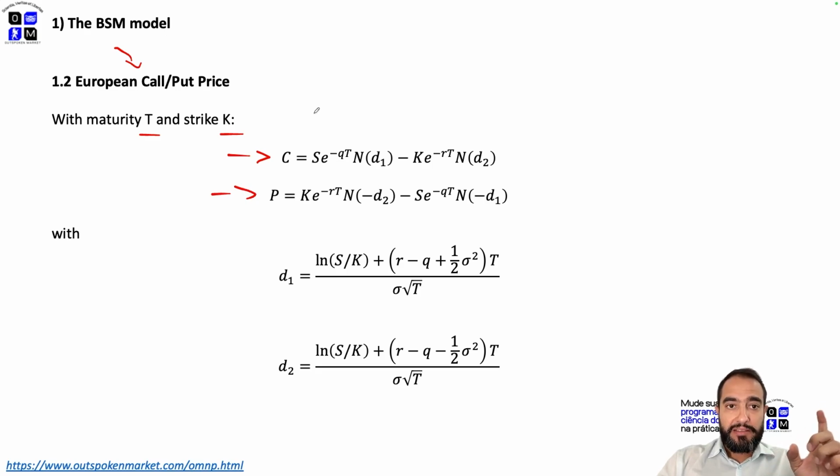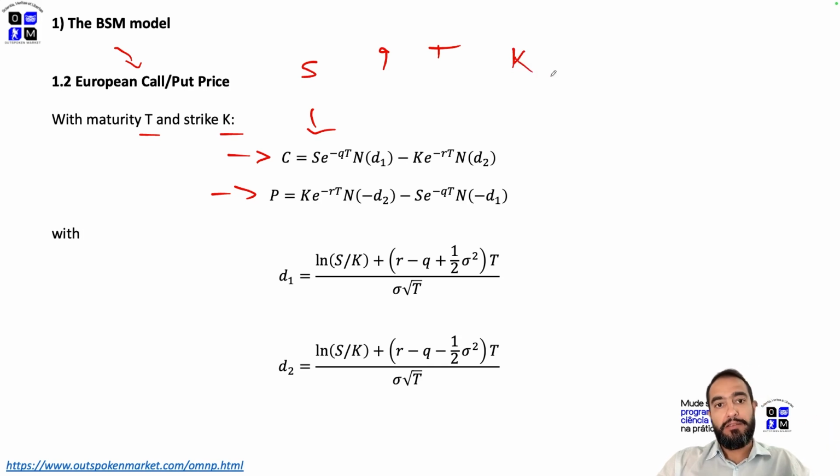Now, in the formula, the stock price is represented by S, q is the dividends, T is the time to maturity, usually in days. Then we have K, which is the strike price. Then we have r, which is the risk-free rate, usually the US bonds or something like that.